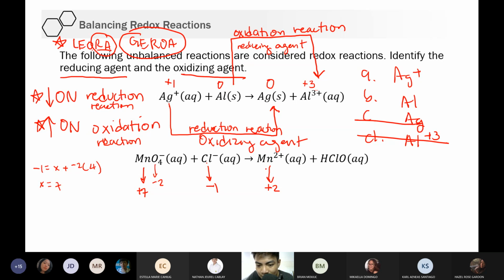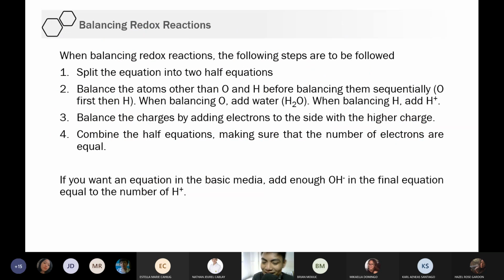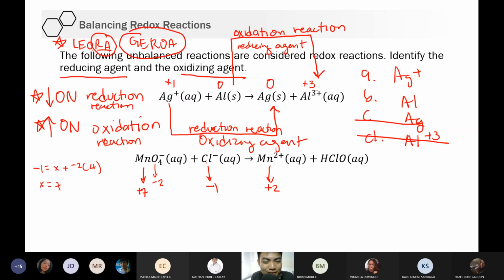Saan po nanggaling yung hydrogen? Ano pa yan? Sa balancing pa yan. Pero, hayaan nyo lang muna. Okay. Pagdating nyo ng Anachem, doon yung makikita yung mismong balancing. Yes. Kasi ito yung problem with redox. Ang dami na nga niyang rule, may sarili pa siyang balancing. Like this one. Sobrang daming steps. So, yeah. Set aside nyo na lang muna. Okay?